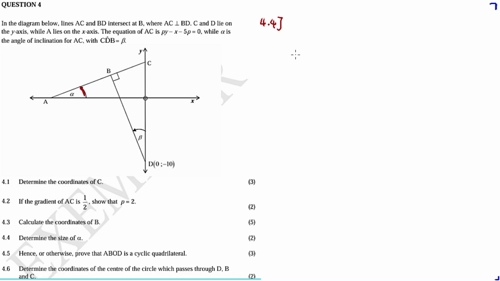So tan alpha is equal to the gradient of AC, because this angle of inclination is created by the line AC. I hope you know this formula. So the gradient of AC is a half, as we saw in 4.2. Then to find alpha, use the second function of tan, arctan.